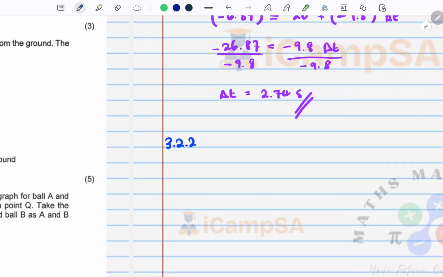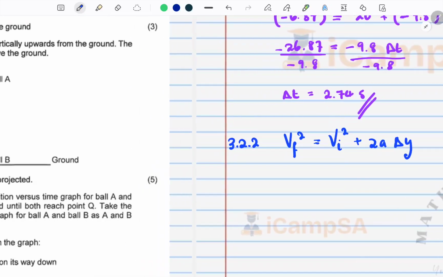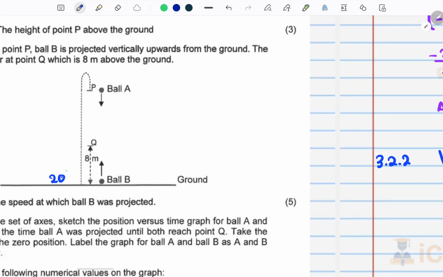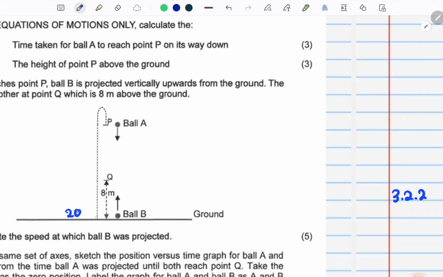One of them is that I can use this formula: Vf squared equals Vi squared plus 2a delta y. So what I can do here is I've got 20 meters per second at this point, and then the ball moves and gets to its maximum, and at this maximum height we know that v is going to be 0 meters per second.